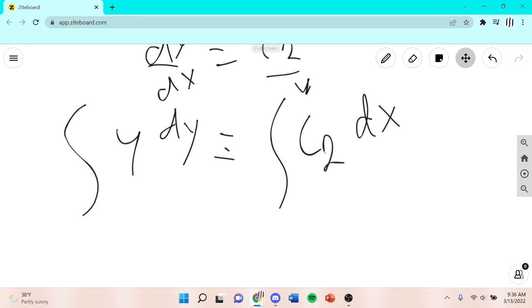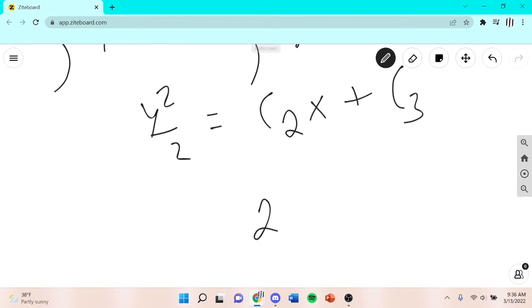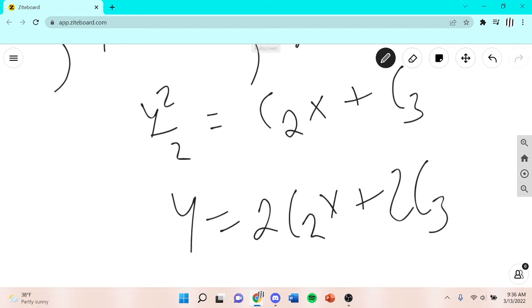Integrate on both sides. This side's going to be y squared over 2 is going to be equal to c2x plus c3, and times 2 on both sides, so it becomes 2c2x plus 2c3 is equal to y squared.